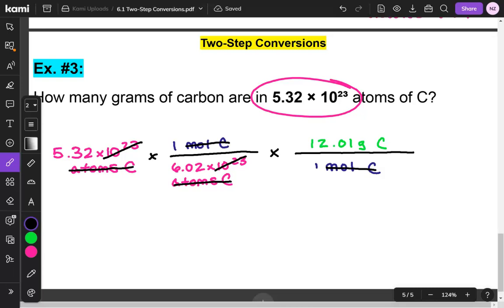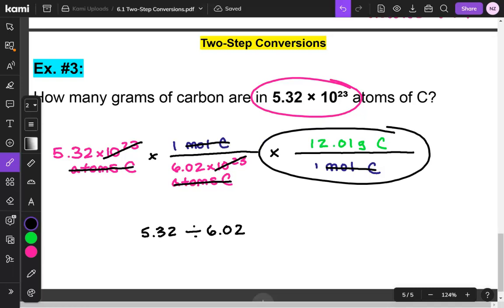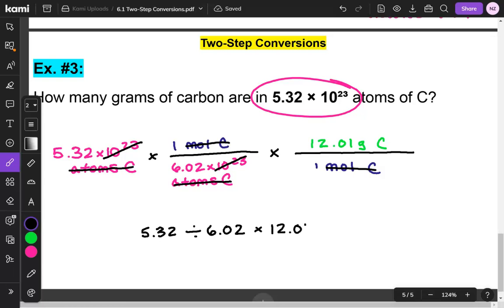So when I put this in my calculator, it's going to be 5.32. This number is in the denominator, so I'm going to divide by 6.02. And then I'm going to multiply by 12.01. So I put that in my calculator. I get 10.6099.